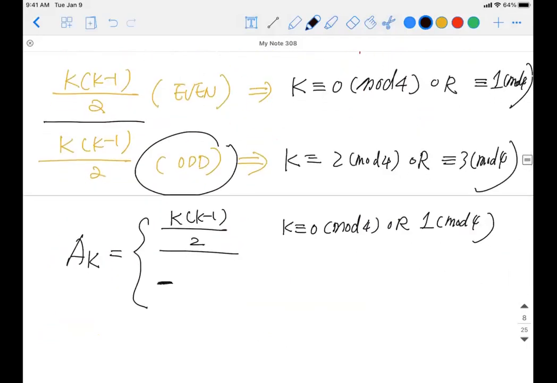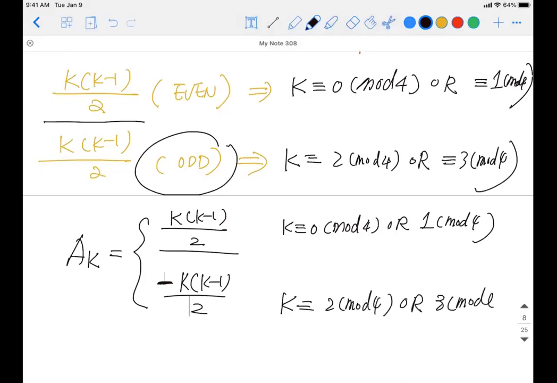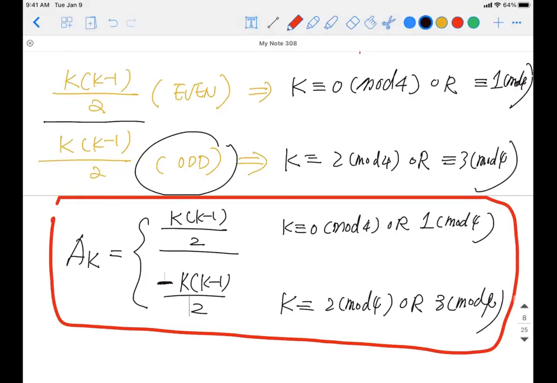Or it is negative this guy when k is congruent to 2 modulo 4 or 3 modulo 4. Is it right? This is quite understandable, right? This is not rocket science. Based on the different values of k, you will be able to find out what the value for AK is. So far, so good?